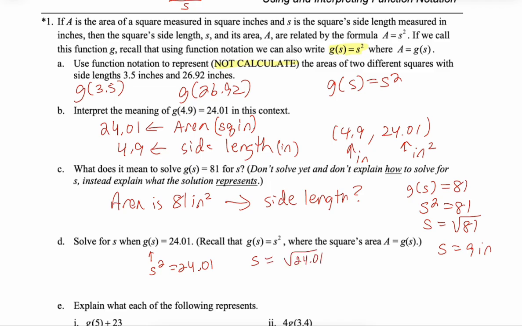Again, I didn't include the plus or minus because for a side length, we don't need that. Now, I'm okay with you leaving it there. 24.01, I don't believe is a nice square root. So feel free to leave it there. It's a number a little bit under 5. Actually, it does come out pretty good. It's 4.9, and that would be inches. Okay.